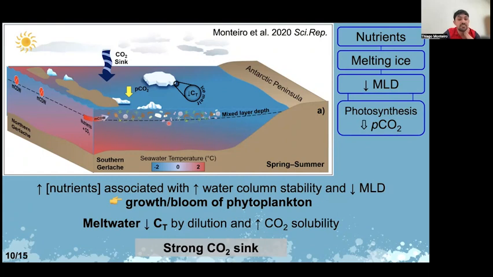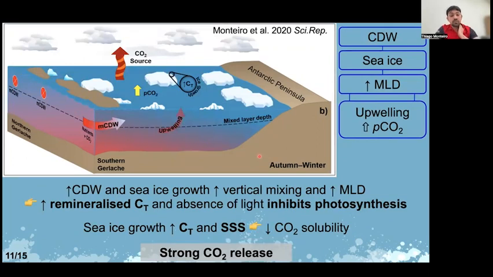We also identified, but this needs to be further investigated, a signal of the decrease in the dissolved inorganic carbon related to the sea ice melt as well. On the other hand, during the autumn and the winter, we have more influence of the CDW intrusions and the CDW upwells to the sea surface. So we have more dissolved inorganic carbon at the sea surface, increasing pCO2 directly.